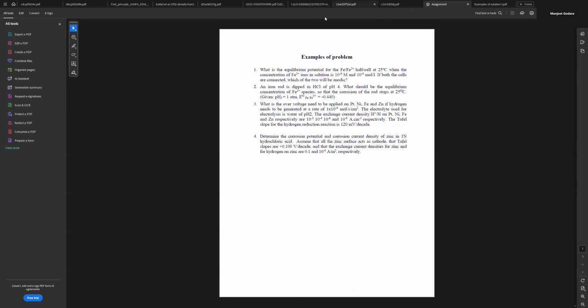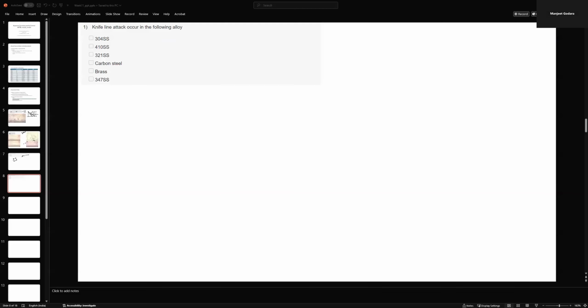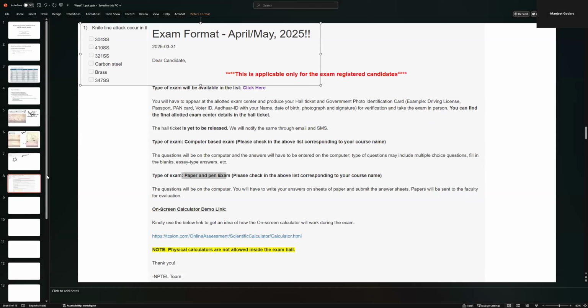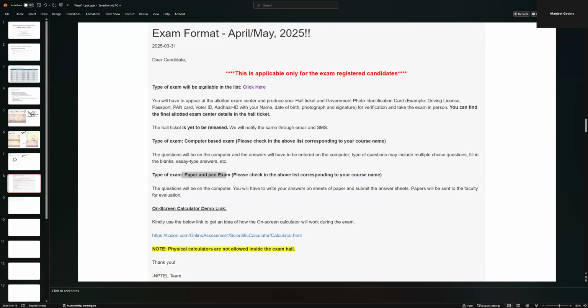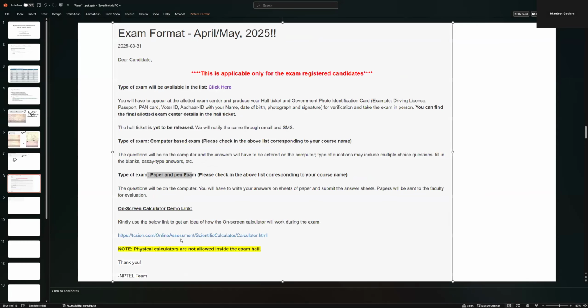Like, this was the announcement for the exam. In this list you can check, but these are pen and paper based examinations.